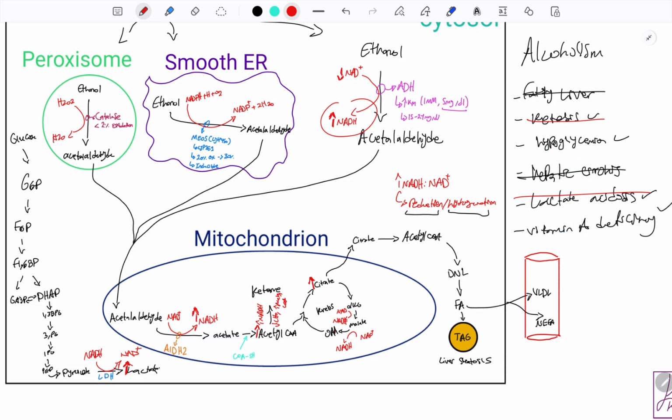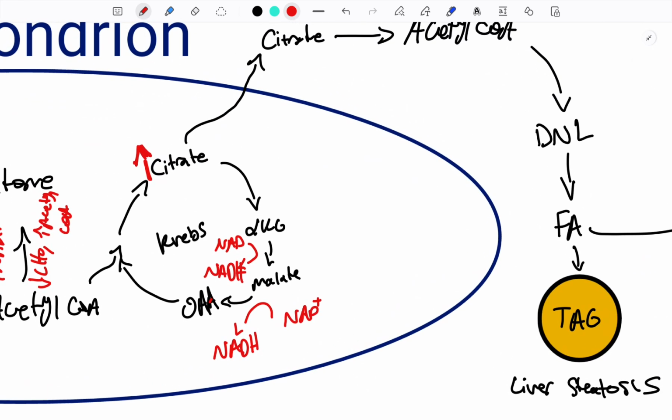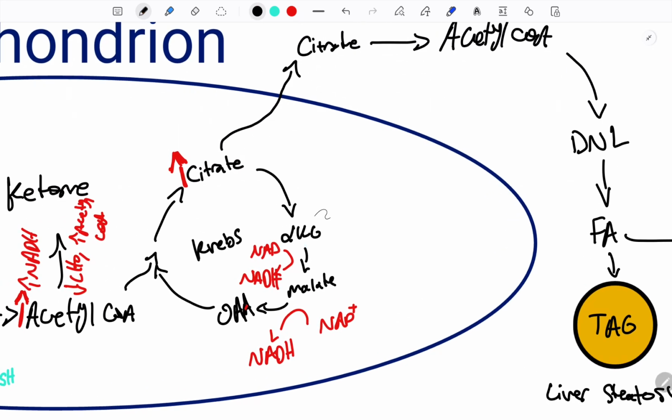The other thing is hypoglycemia, and you guys should remember that the liver is the main site of gluconeogenesis, where we actually maintain blood glucose levels. So how come there might be hypoglycemia occurring here? Well, this special intermediate in the Krebs cycle called alpha-ketoglutarate can be used in a lot of transamination reactions, right?